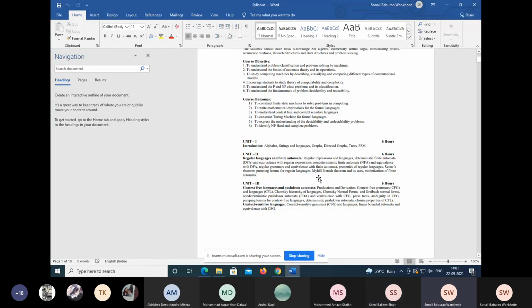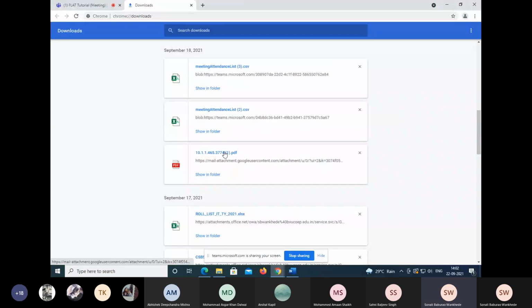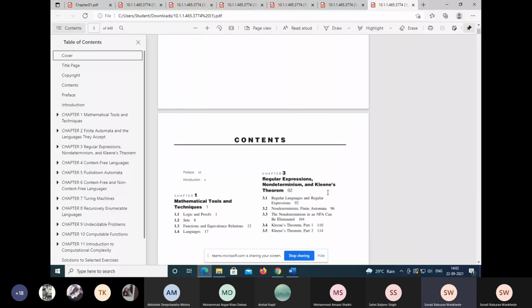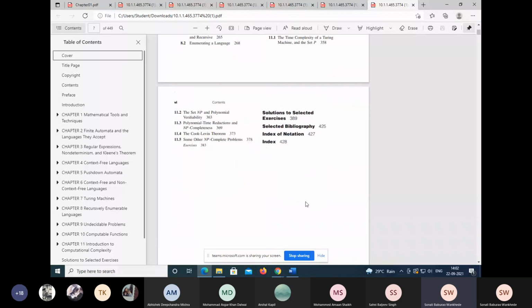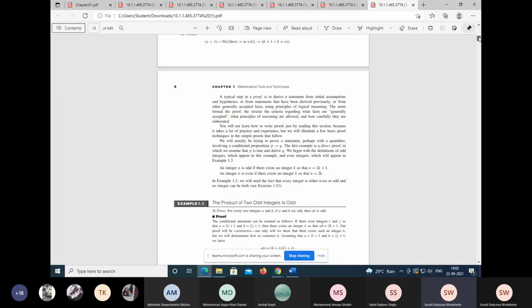So today we will finish our first unit, and in the next unit we will start regular languages and finite automata, and then we will solve numericals based on formal languages. Okay, so let's move on. We will see finite automata and the languages they accept. We'll start with our main topic.